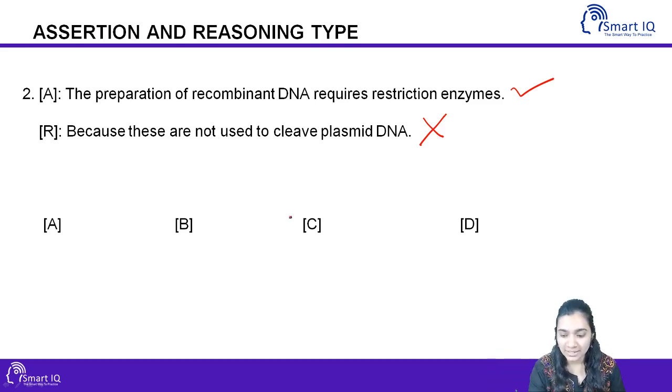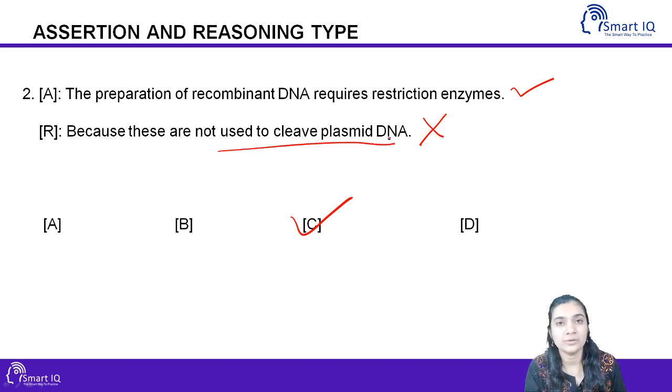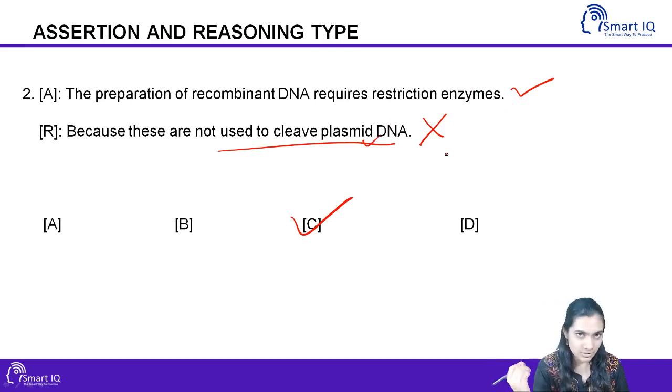That is the correct option, because we know for a fact that A is a true statement, and the reason is a false statement in itself, because these are used to cleave plasmid DNA. Only restriction endonuclease enzymes are used to cleave plasmid DNA. So the reason itself is a wrong statement, and therefore option C holds good.